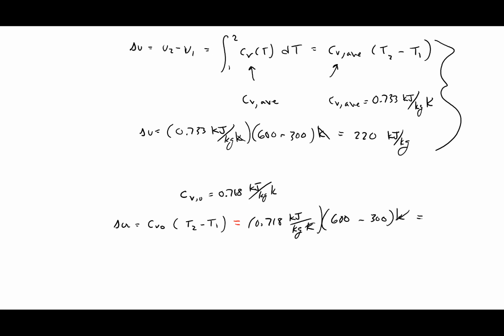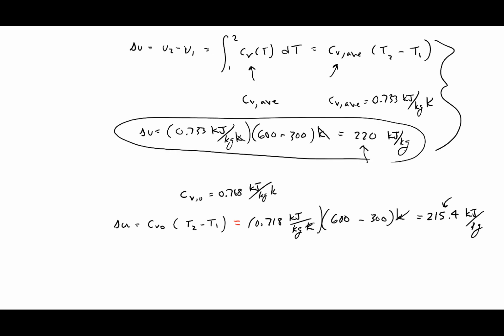The Kelvins cancel. So this is equal to 215.4 kilojoules per kilogram. So this probably isn't nearly as accurate a result as the one with the CV average, but depending on what you're doing, this could be adequate.